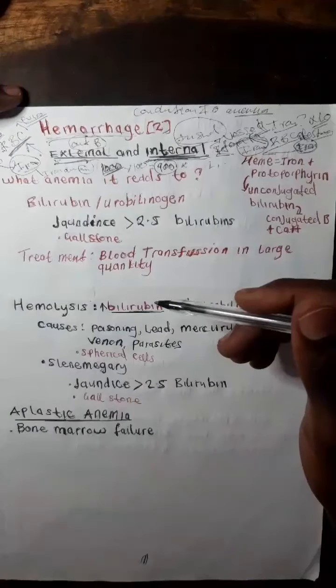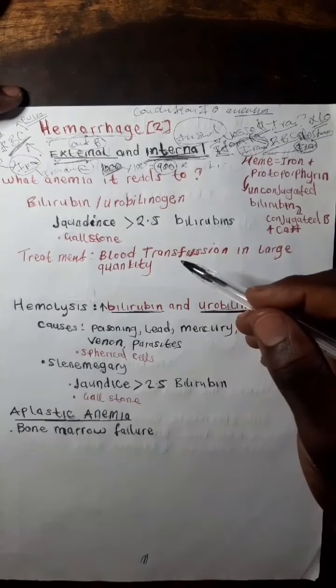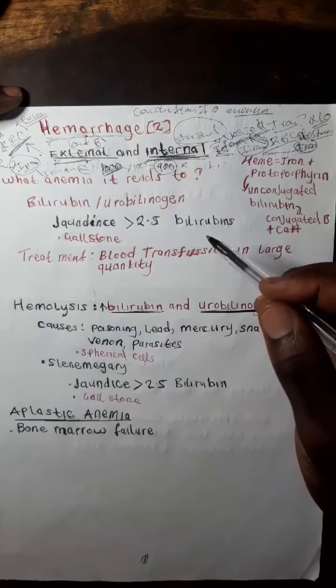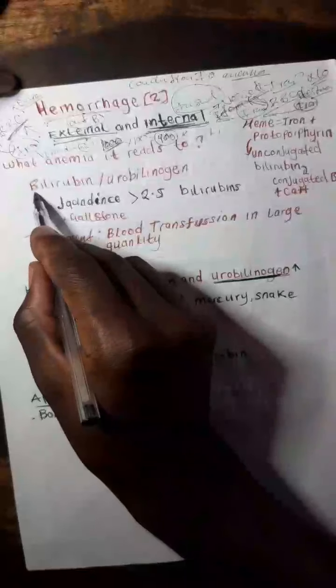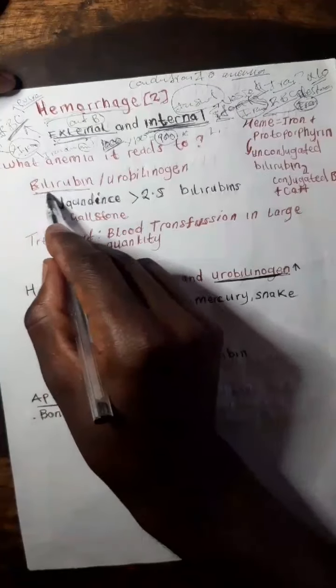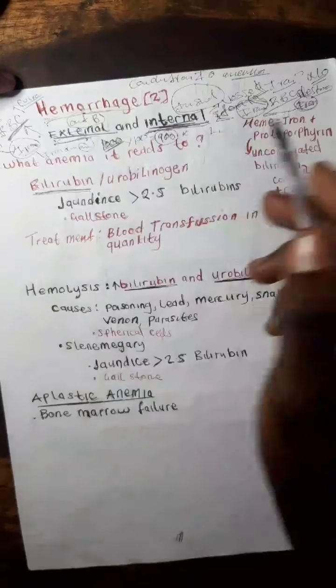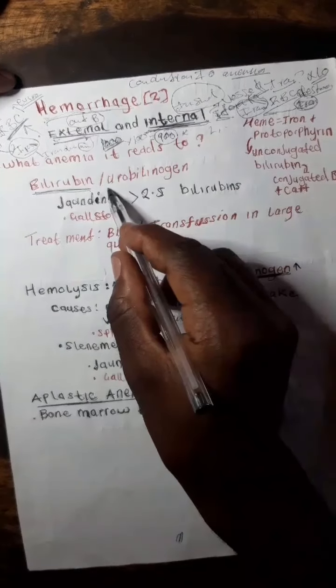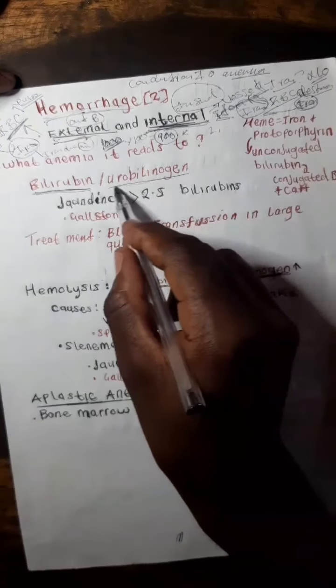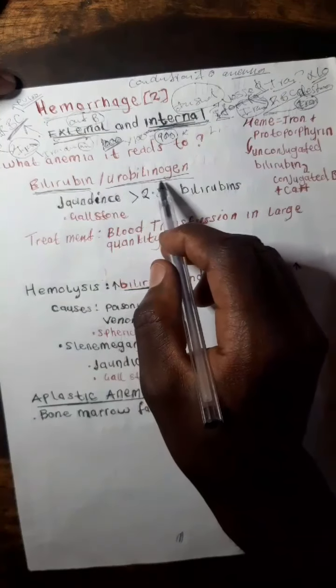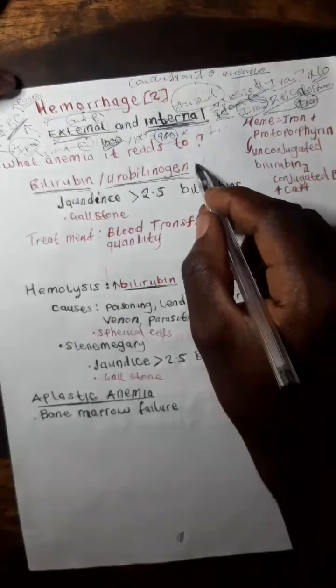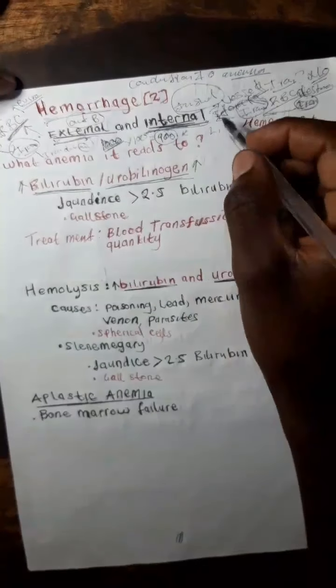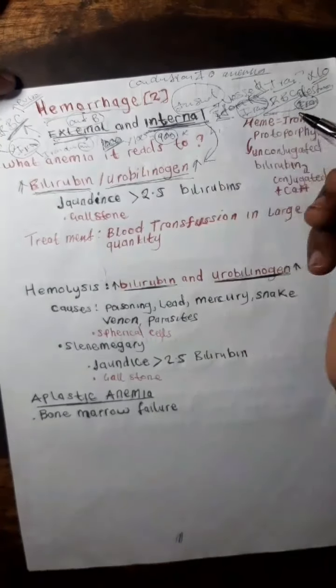Internal hemorrhage can lead to bilirubin presence in the bloodstream, and urobilinogen can also accumulate, so it increases both here. This is for the internal. Why?